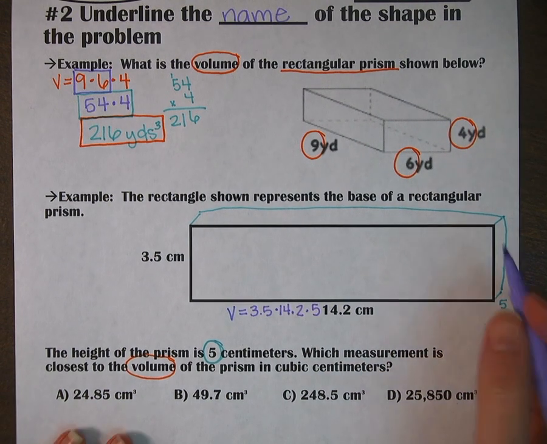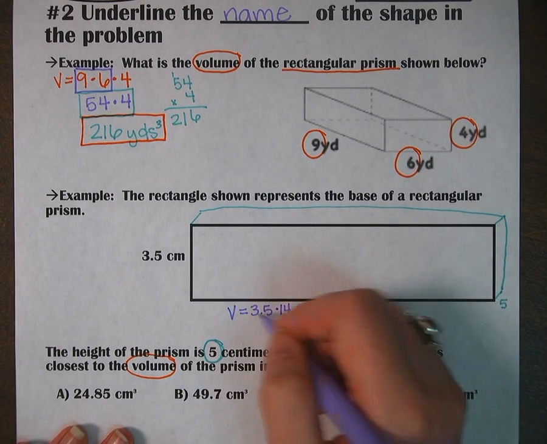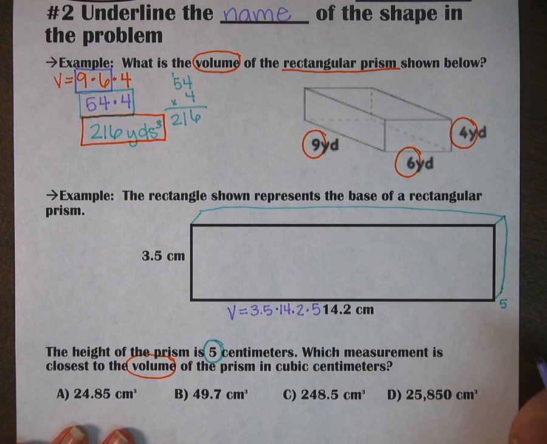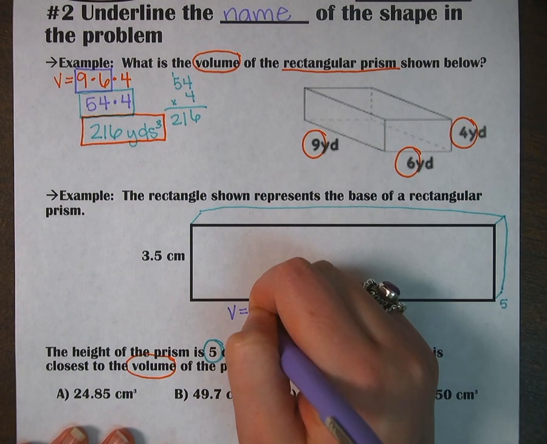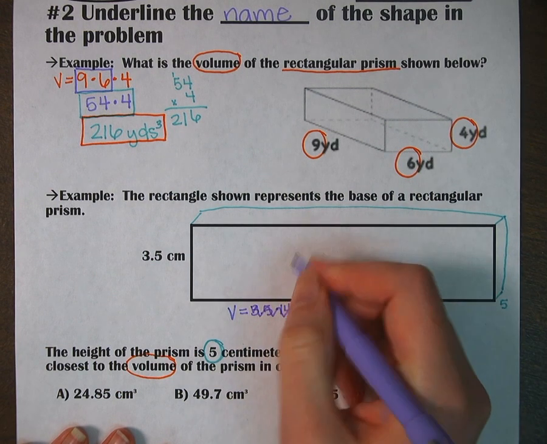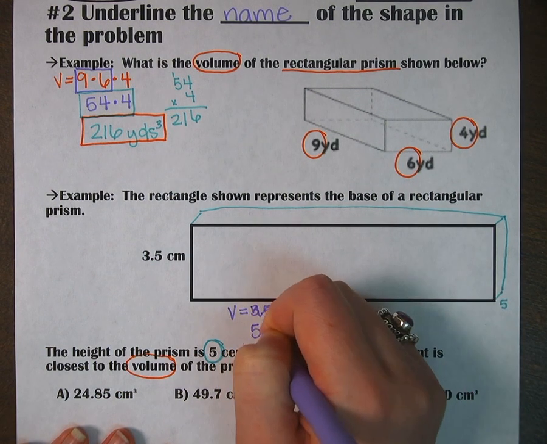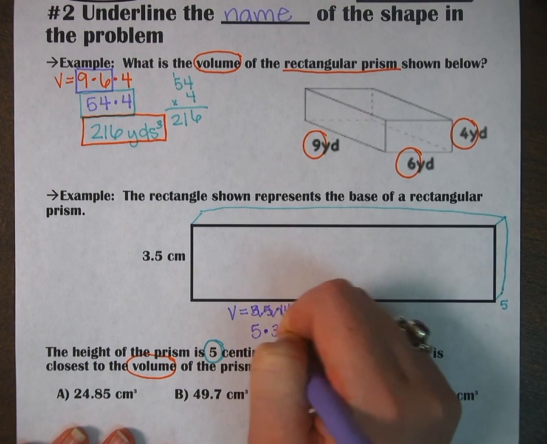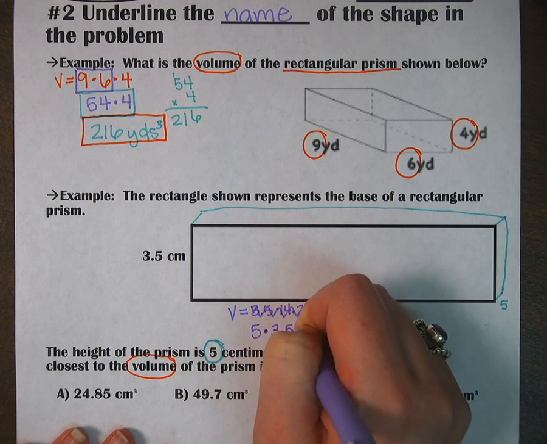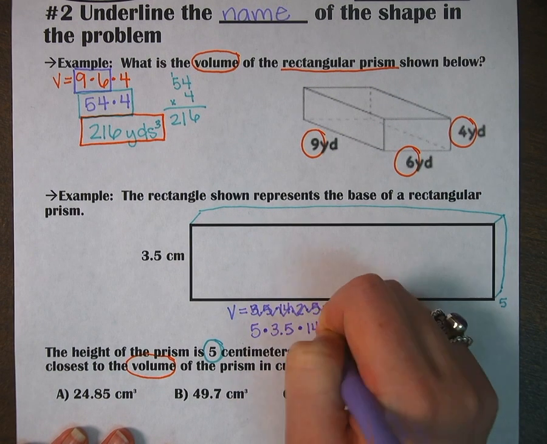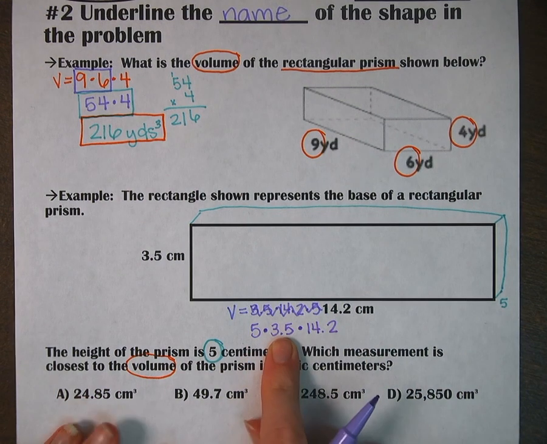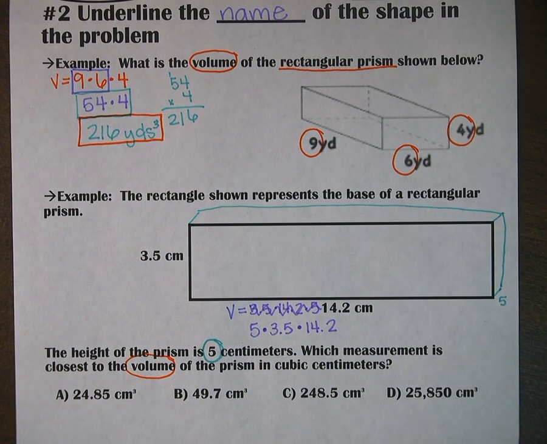Actually I'm going to rewrite that and put my whole number first, so it's a little easier for me. So I'm going to do 5 times 3.5 times 14.2. Because if I put the 5 first, I don't have to deal with decimals as much.